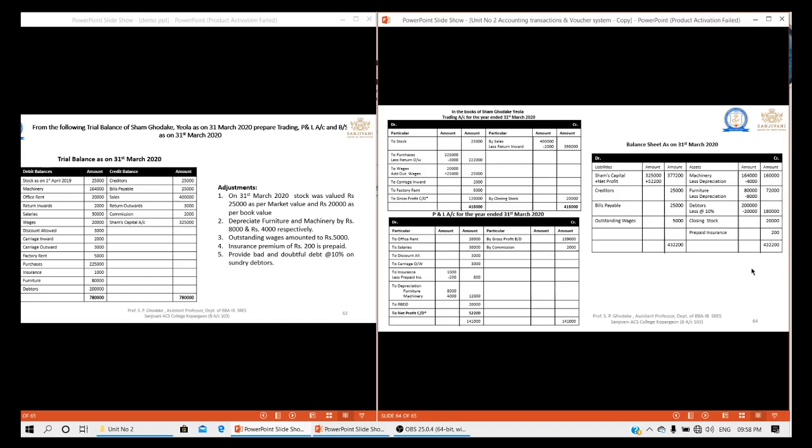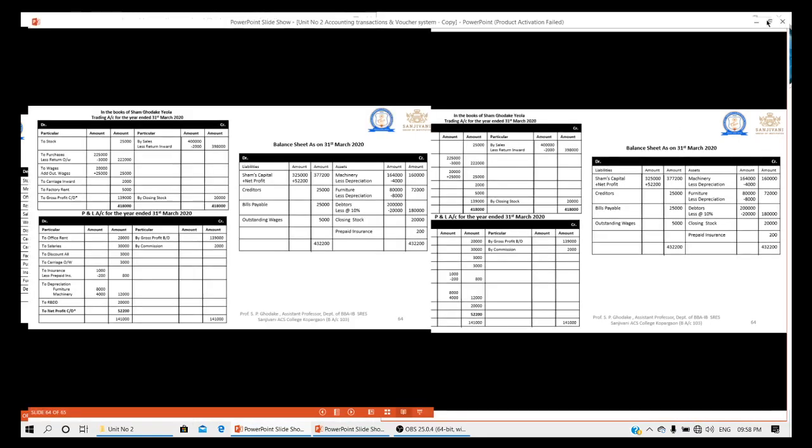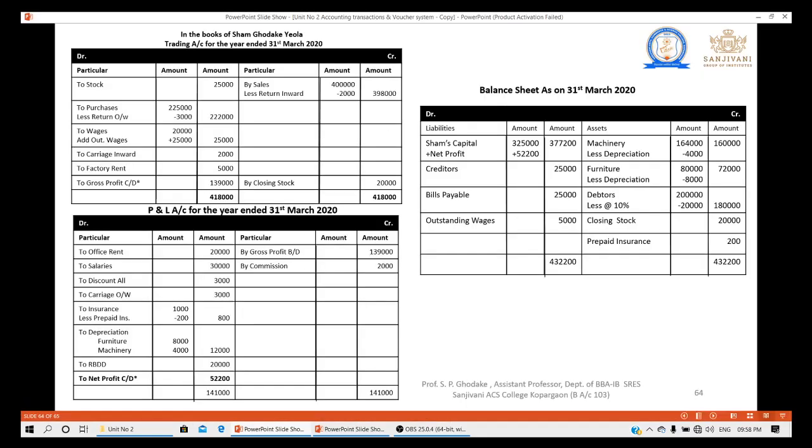From this, we are now able to do the preparation of final accounts of the given numerical. So now you have been cleared with how to prepare the final accounts.